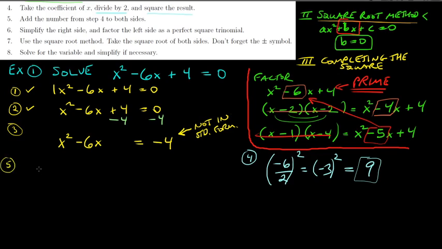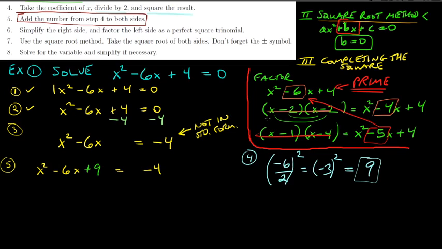Step 5 says to do the following. Take the number that we just got, which is the positive 9 here. Yep, it's not negative, it's positive, and we're going to add that number 9 to both sides. Okay, so we're going to add 9 to the left side, and we're going to add 9 to the right side.